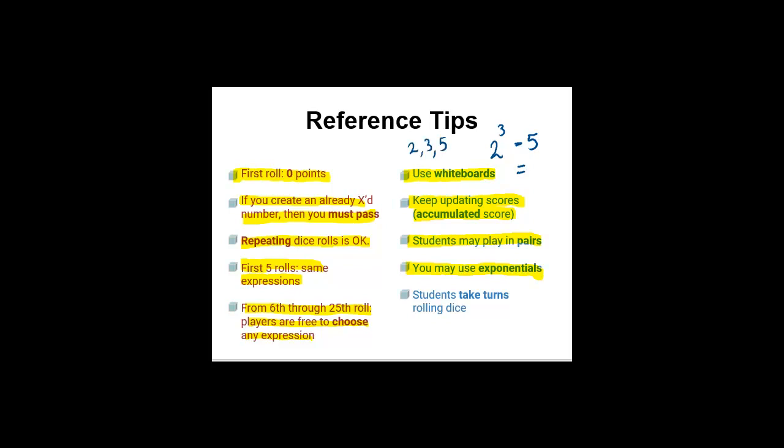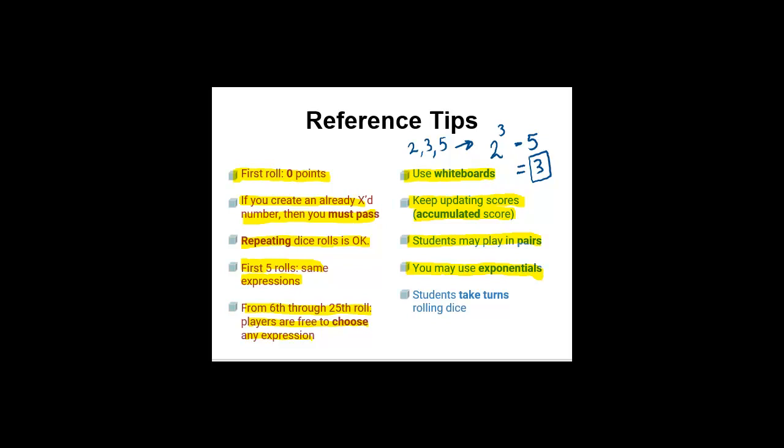And so that's 8 minus 5, so that would be a 3. So exponentials allow you to produce, of course, bigger numbers when the rolls are small and you're looking for big numbers. Just make sure that you tell your students if you're going to use that rule or not. You could say from round 15 on, exponentials are open, in the sense that now they're allowed.